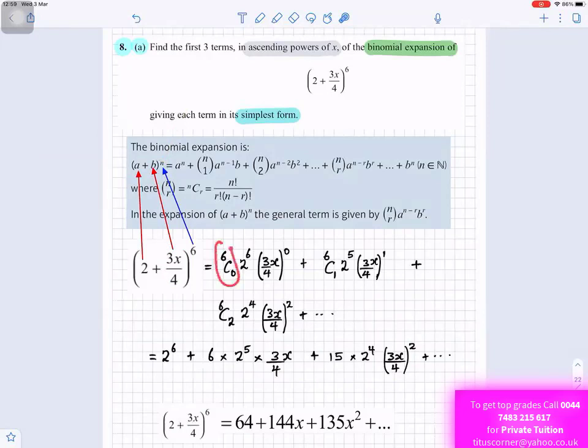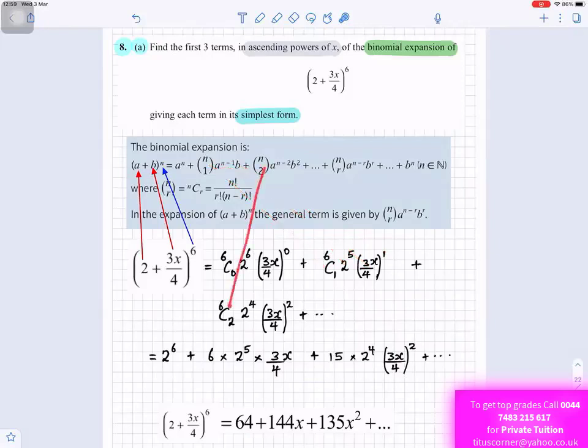So 6 combination 0, 2 to the power 6, which is a to the power n, 3x over 4 to the power 0. And then after that, 6 combination 1, 2 to the power 6 minus 1 is 5, and 3x over 4 to the power 1.